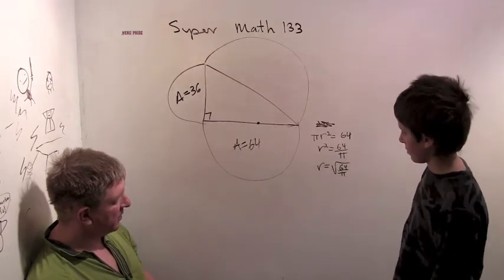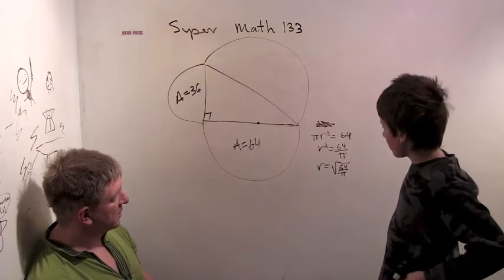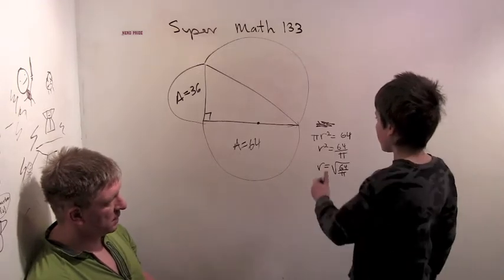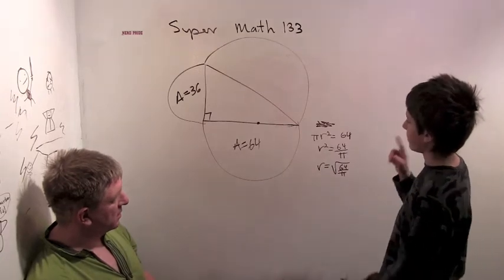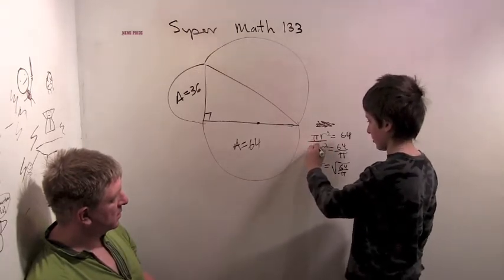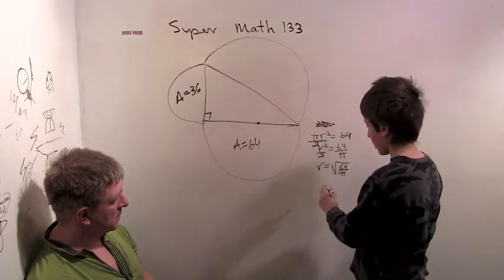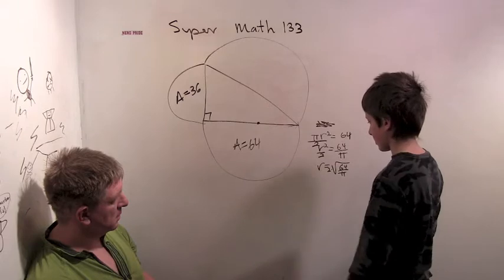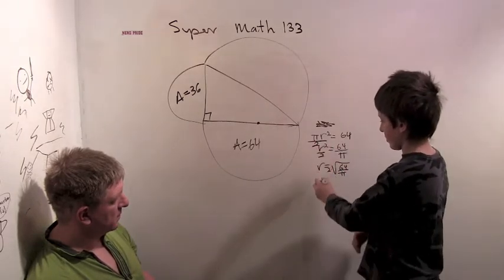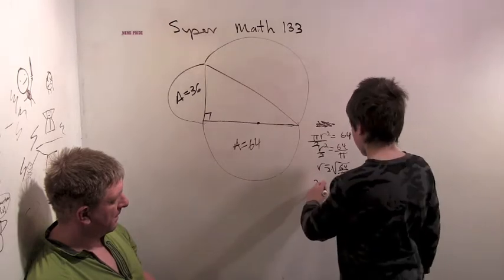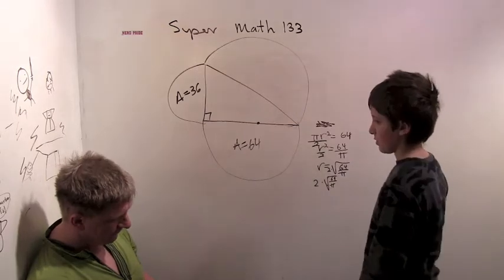Right, I want you to explain the reasoning in that set of steps you just did. Oh wait, I have to divide it by 2, since we're talking about semicircles. So r squared is actually 2 times this, and then r is 2 times the square root of 64 over pi.